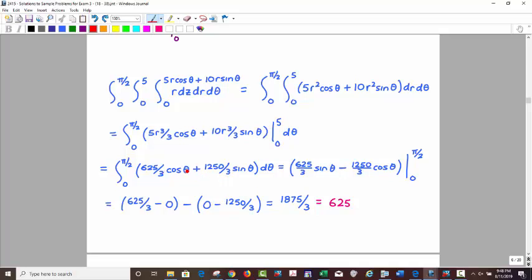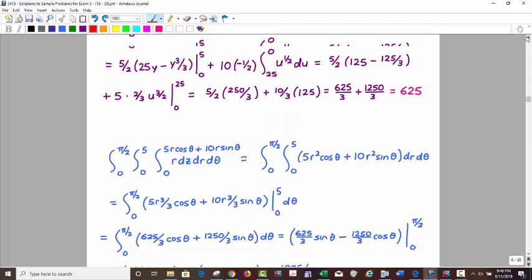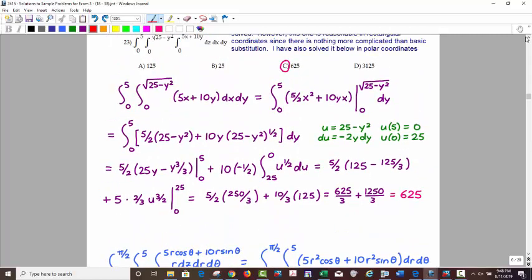The antiderivative of cosine will be sine. The antiderivative of sine will be negative cosine. So there's the negative. Put in pi over 2, put in 0. You get a couple of 0 terms, but you get a couple of non-zero terms. Add those together. You get 625. So answers match. That's good.